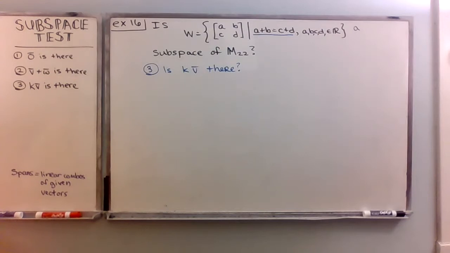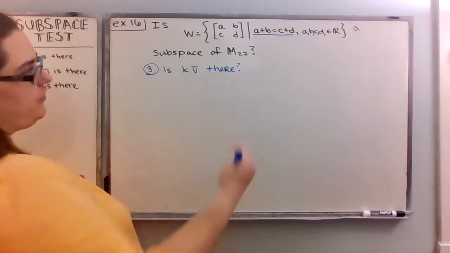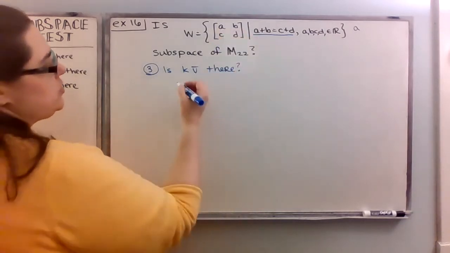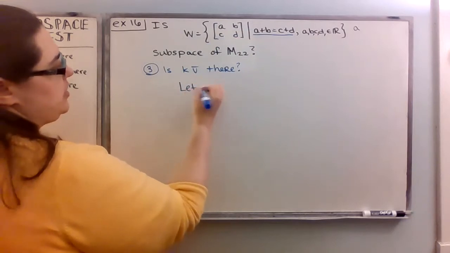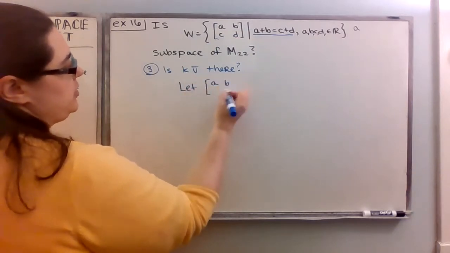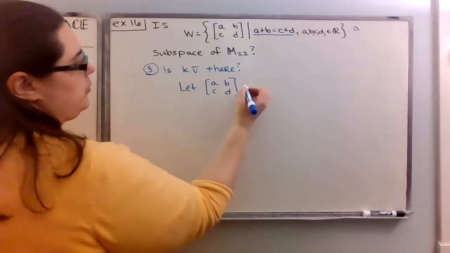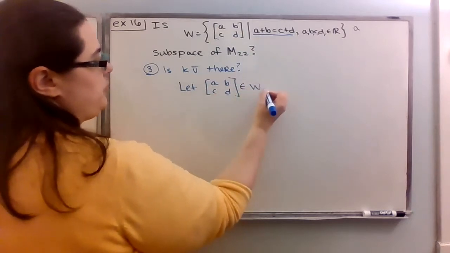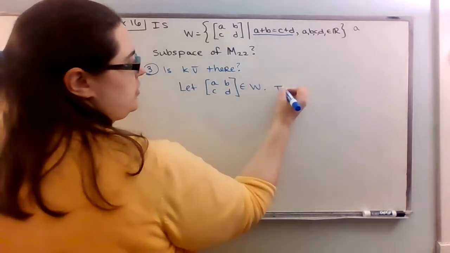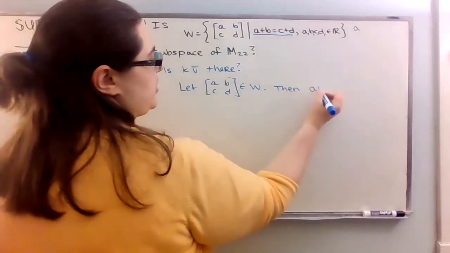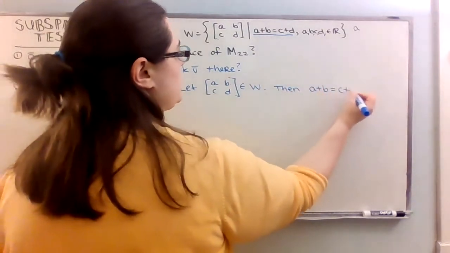So similar situation, we're going to have to start out by picking a vector that's in our space. So we're going to let A, B, C, D be an element of W, which means that A plus B has to equal C plus D.